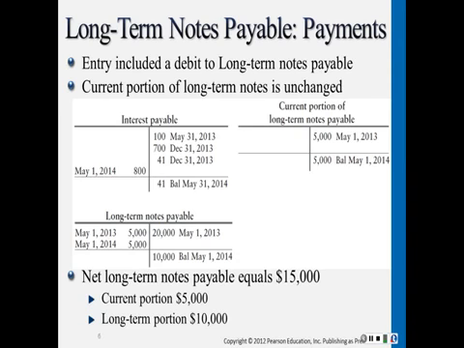The amount owed on the note is $15,000, the original note minus the $5,000 payment on May 1st, 2014. $10,000 is included in the long-term notes payable account, and $5,000 is the current portion of long-term notes payable, equaling the $15,000 total due.